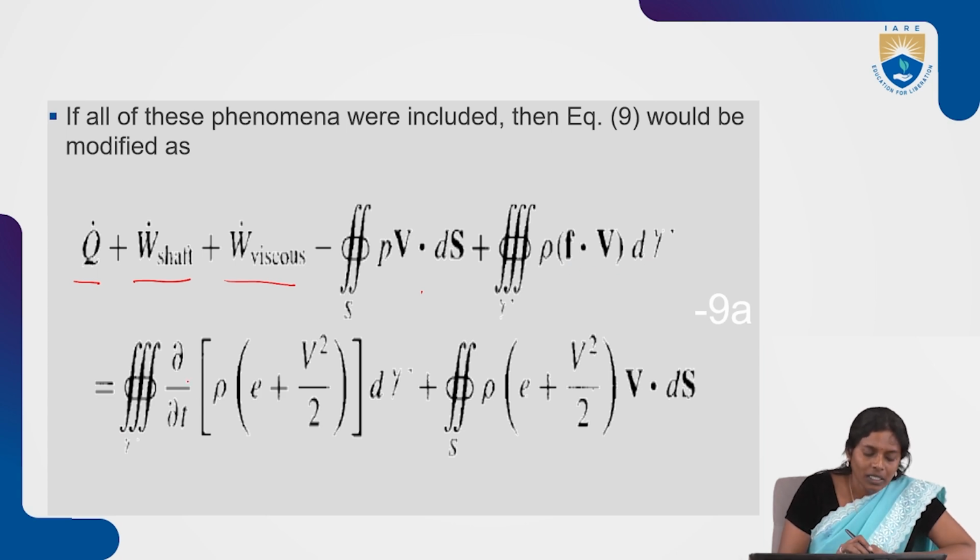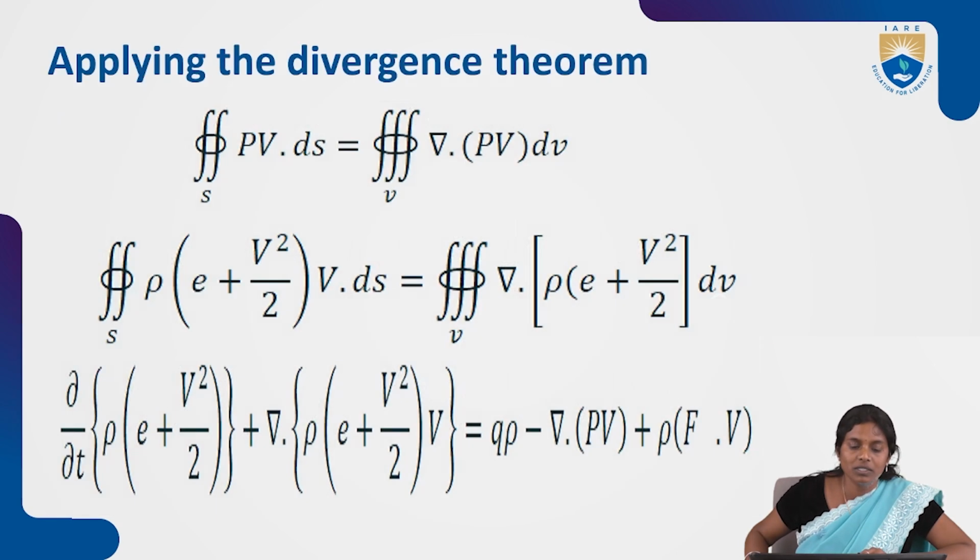The fluctuation is the volume integral of the partial derivative with respect to t of rho into E plus V square by 2 dV, on the volume inside the control volume. Then on the elemental surface, the total internal energy rate of change is the surface integral of rho into E plus V square by 2 times V dot dS. So this is when we are including those phenomena as well.